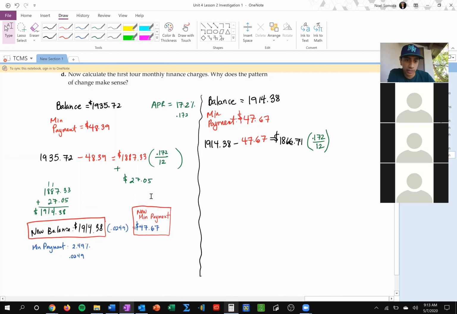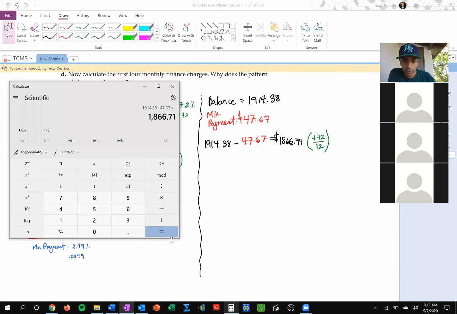We should expect that it should be smaller than what we got last month. Last month we got 27.05. This month we should expect something less. So we take 1866.71 and multiply that by 0.172 divided by 12.